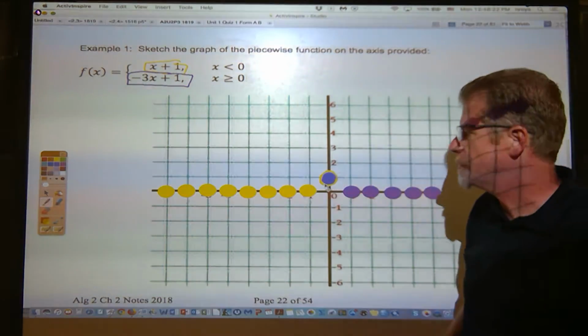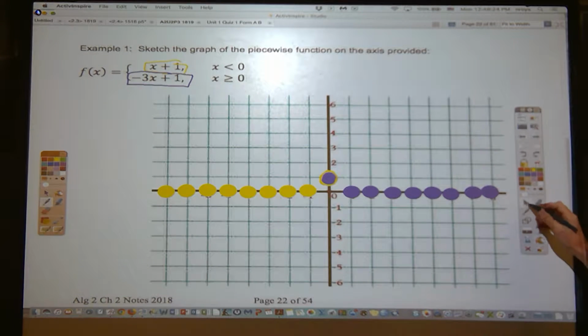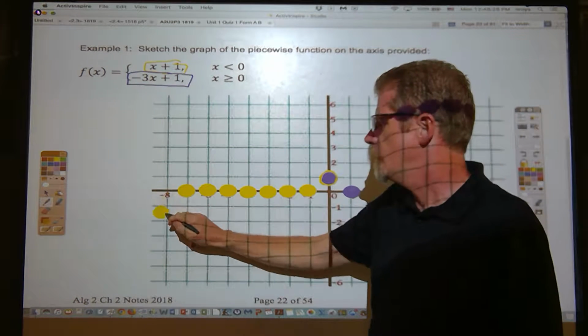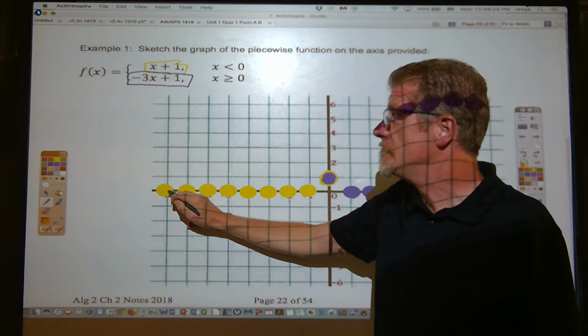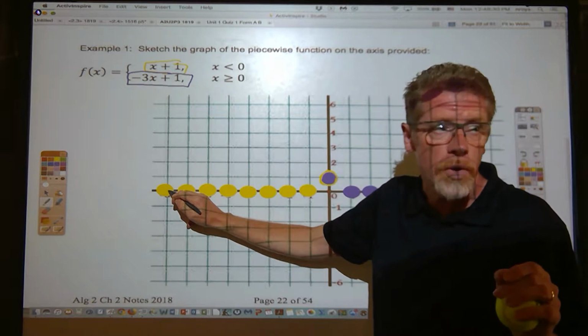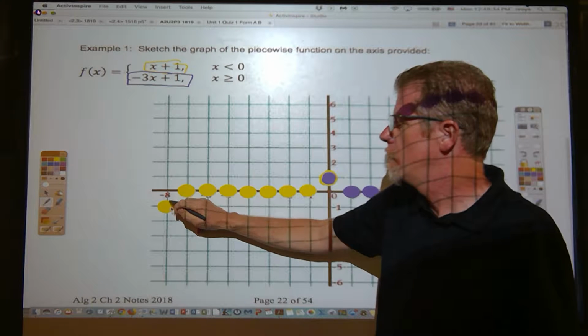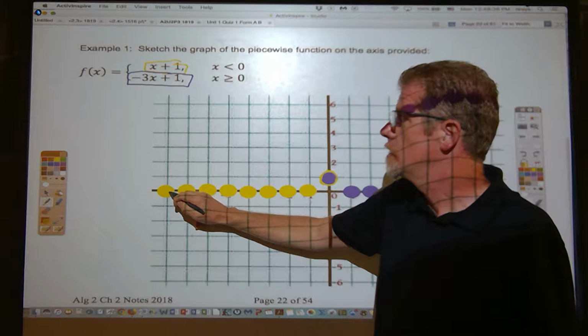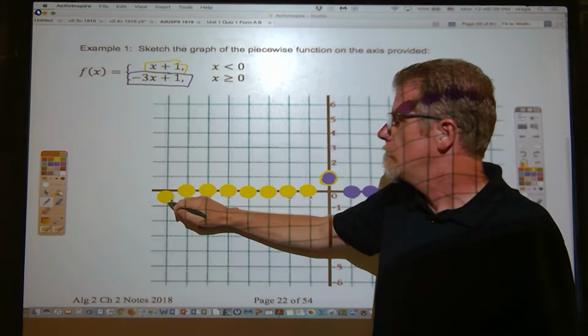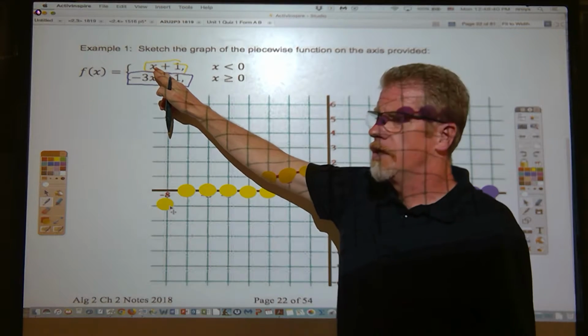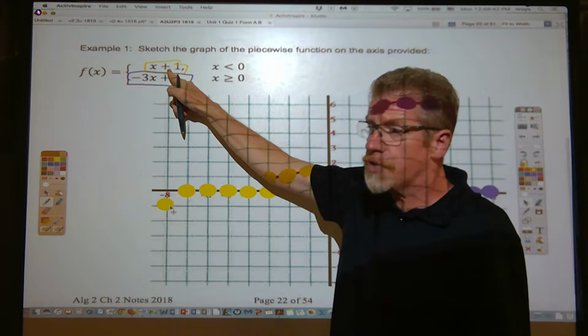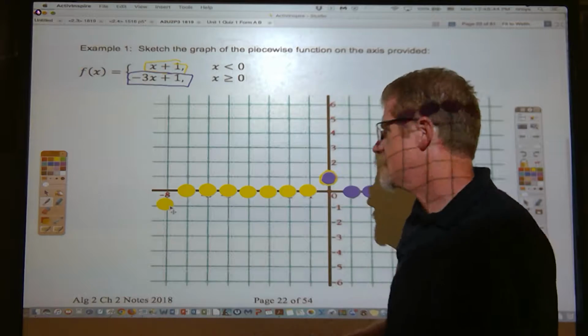All right, but she has her eyes fixed on this rule that says input +1. So, for example, when she gets to golf ball -8, if the input is -8 and the rule is input +1, what's the output? The input is -8, the rule is input +1, -7.